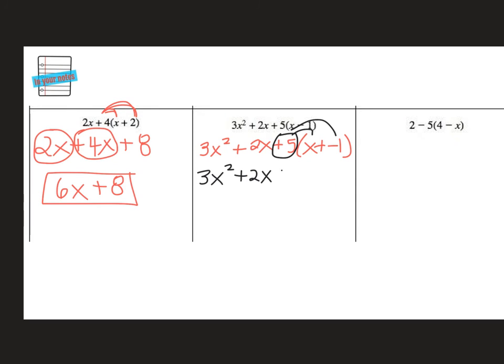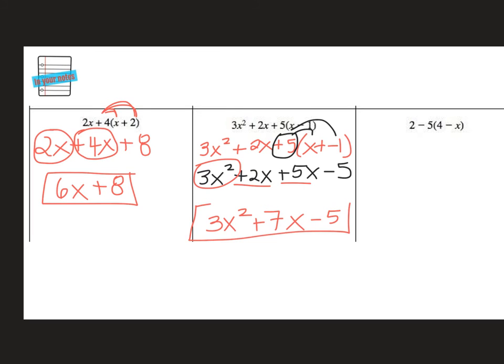Positive 5 goes through as plus 5x, and then positive 5 times a negative 1 is a negative 5. Now we'll combine our like terms where we can. So I have a 3x squared, no other squareds, so that's going to be by itself. 2x plus 5x is 7x. And then I have a minus 5 on the end. So that's as simplified as this one gets.